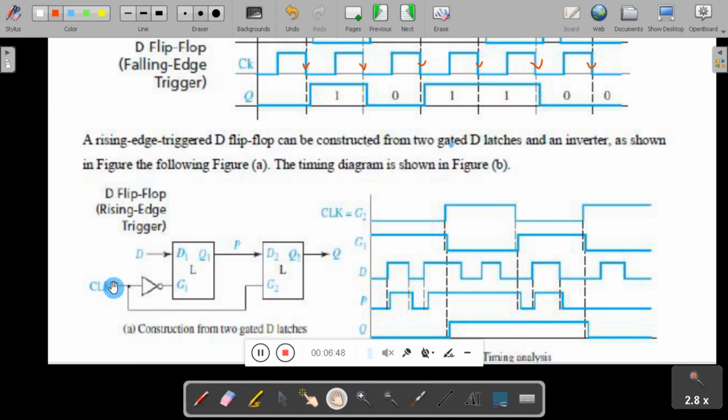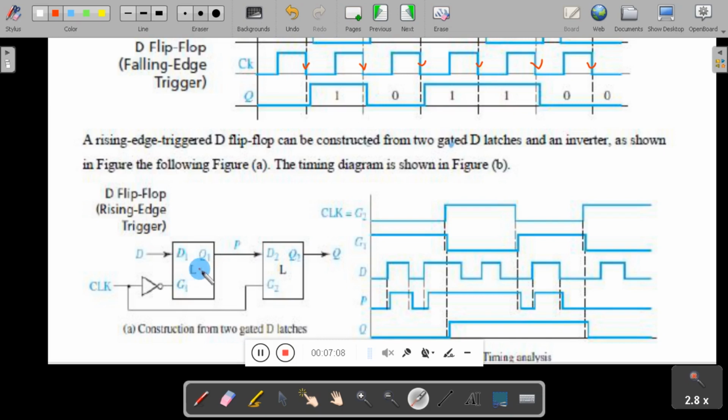When clock signal is 0, this will not work. When clock signal is 0, clock bar, or output of this inverter or G1, becomes 1, and this will work.